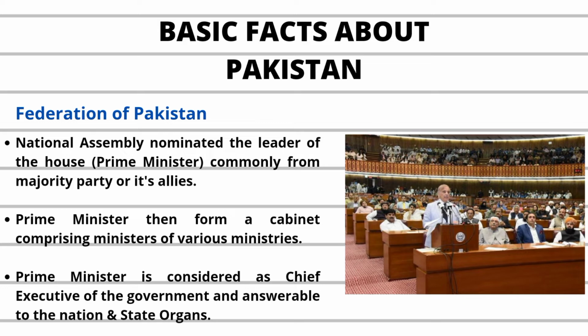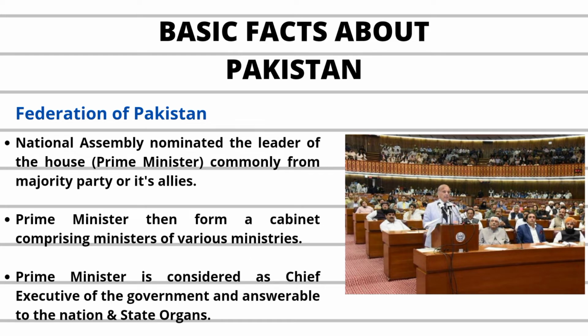The National Assembly nominates the leader of the House after the general election, when the MNAs take oath in the National Assembly from the Speaker. The House nominates the Prime Minister, commonly the leader of the House, usually from the majority party.